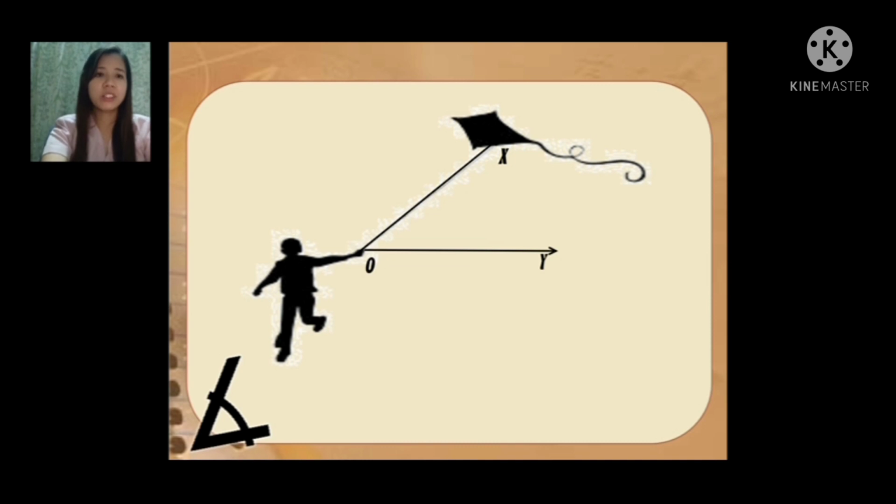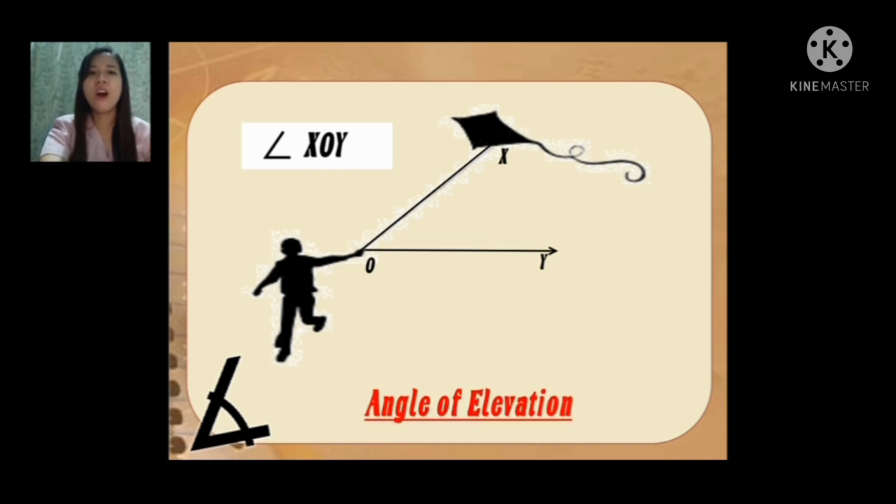Next illustration. What is the angle formed? That is angle XOY or angle YOX. Is it an angle of elevation or an angle of depression? It is an angle of elevation.